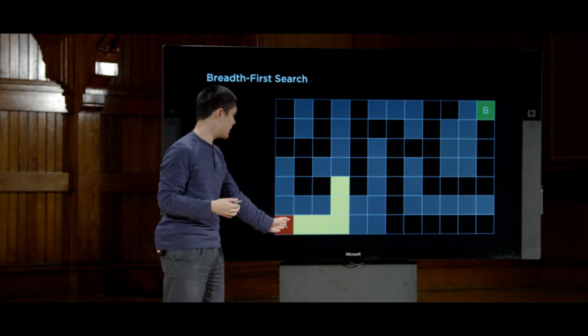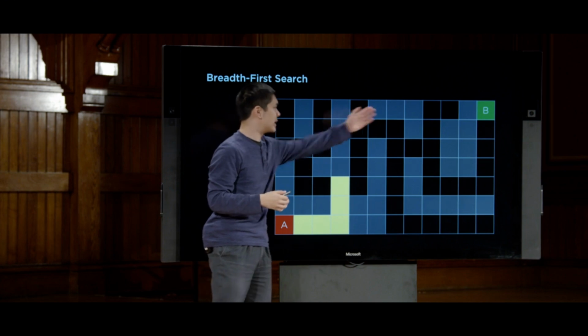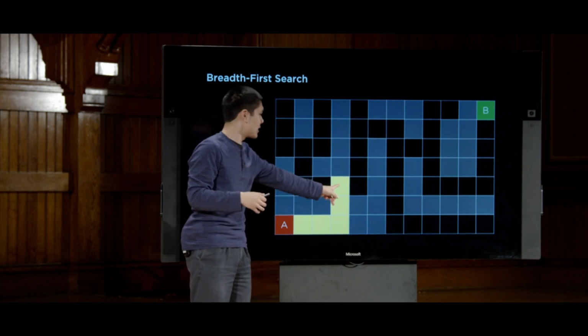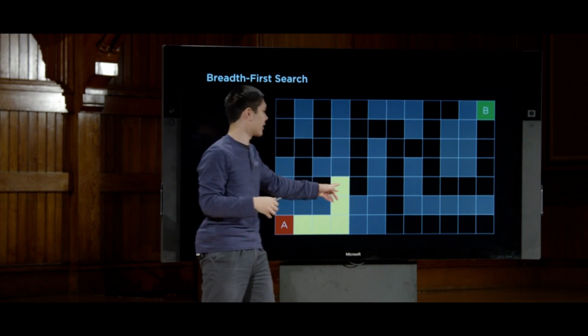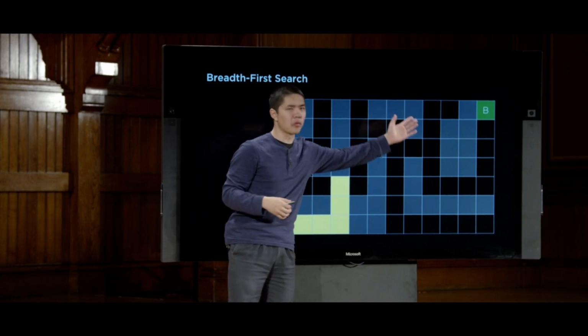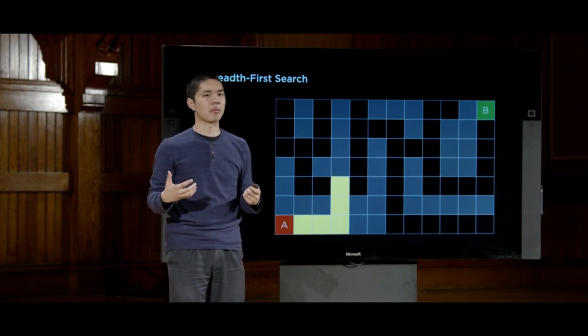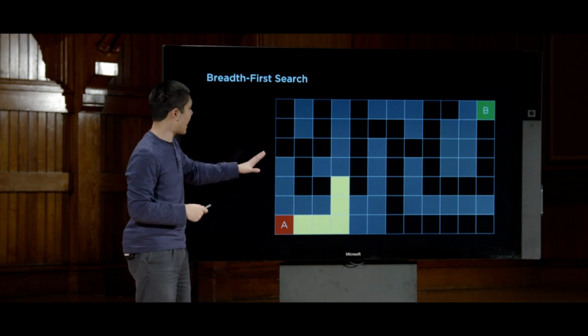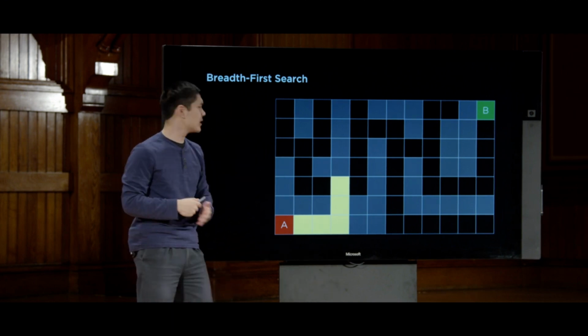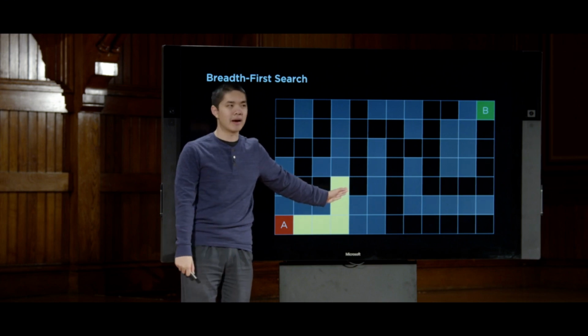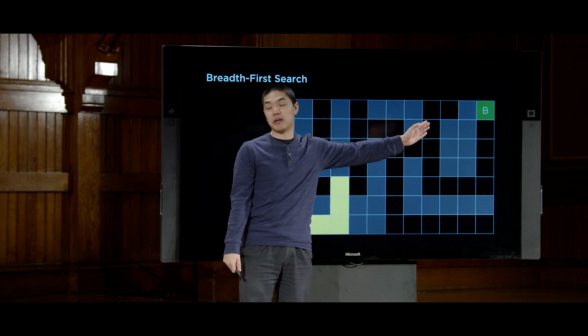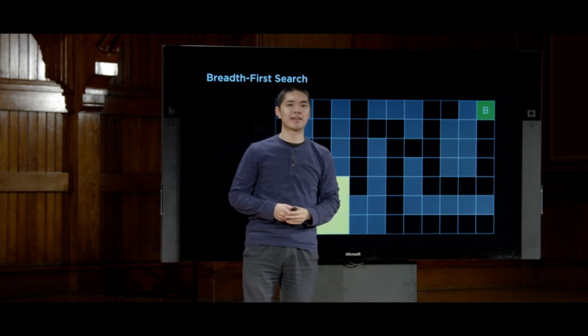I know that A is in coordinate 0, 0, and B is in some other coordinate pair, and I know what coordinate I'm at now. So I can calculate that going this way is closer to the goal. That might be a reasonable assumption for some types of search problems, but maybe not in others. But for now, we'll assume that I know what my current coordinate pair is, and I know the coordinate, x y, of the goal that I'm trying to get to.